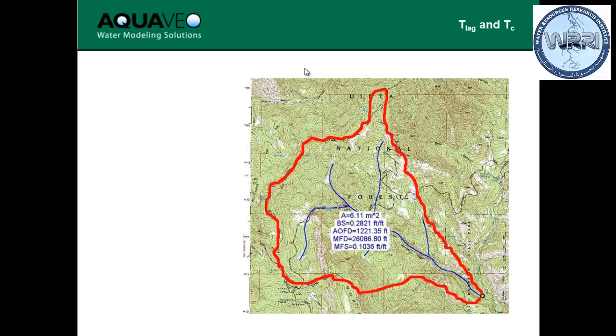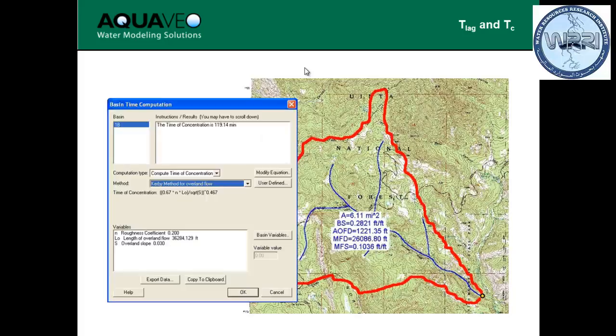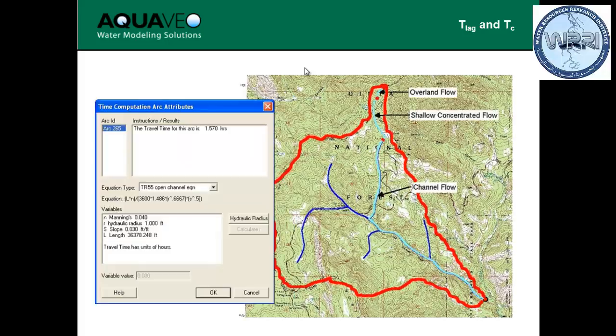Okay, we've just talked about how to compute a lag time and time of concentration, and the two methods for computing them. One is called the basin data method, and the other is called the map data method. The basin data method just uses your computed basin data and a library of equations, and the map data method uses a time computation coverage, where I define the longest flow path of my watershed.